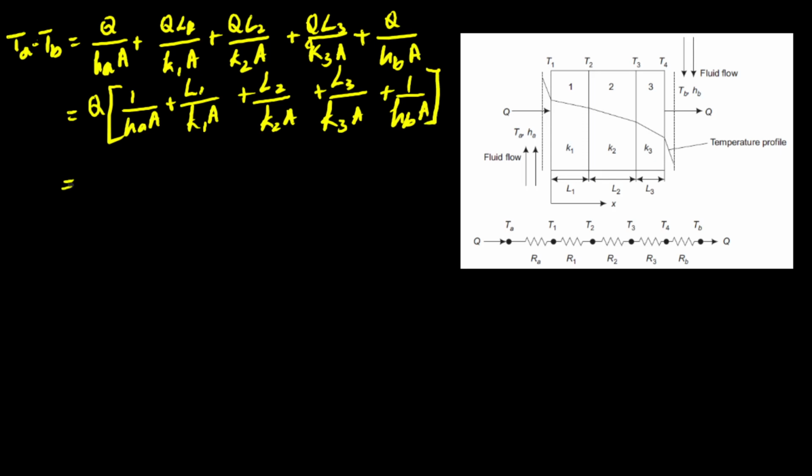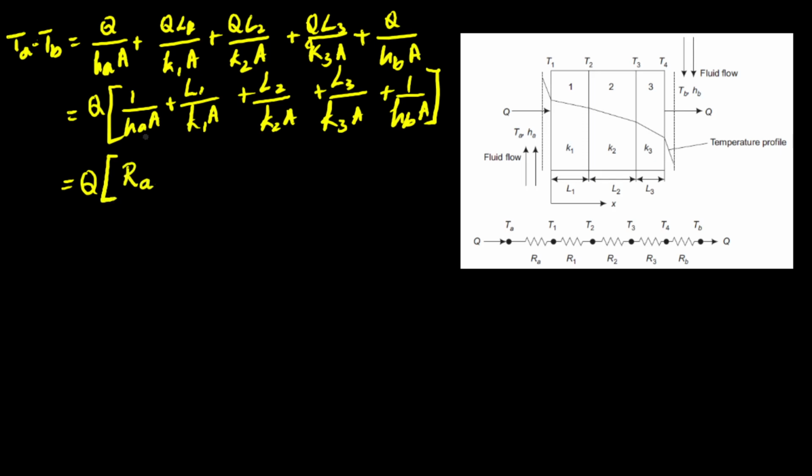If you remember the previous classes, we had talked about thermal resistance. For convection it was 1 divided by H into A. For conduction it was L by K A. So here we have the resistance for convection.